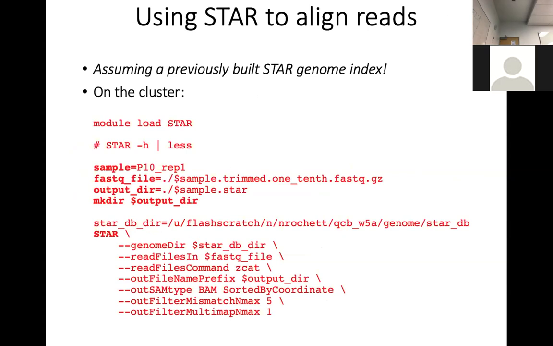So the genome index is starting in the middle of the slide, the start DB directory variable that's been defined to start DB dir equal, and then there's a path into the cache folder of the workshop. That's where the start address is. But when I was writing it, it said it's not compatible with the star version.